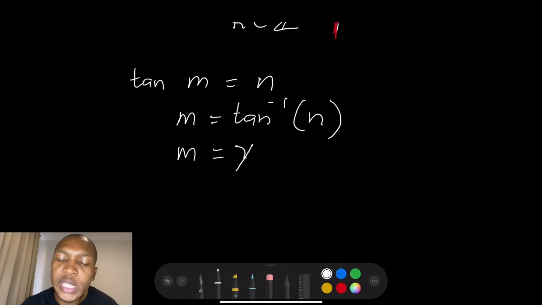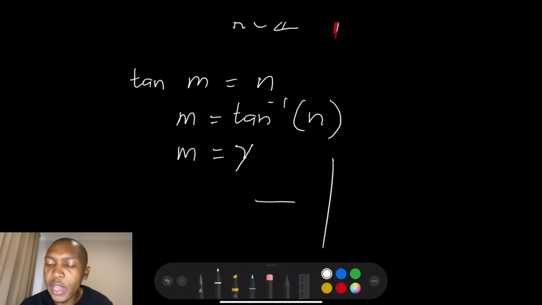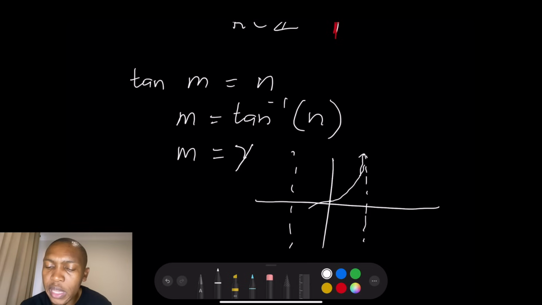But now for tan, you don't have plus or minus, because for the tan graph, let me just show you quickly. The tan graph is one very strange graph. So what it does is that it's got an asymptote there, all right? So it looks something like this. Got an asymptote there, you've got another asymptote there.